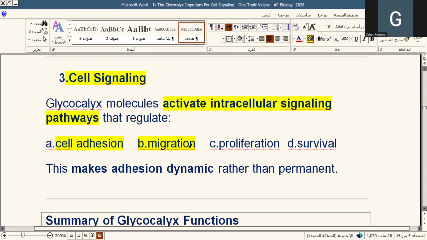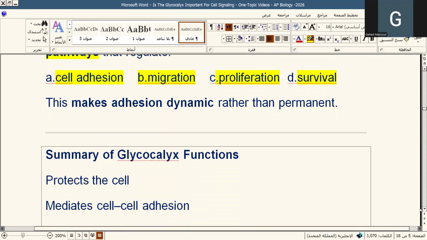Here, it's the opposite. This intracellular signaling pathway will result in detachment of the cell, diminishing adhesion and detachment of the cell to migrate to another place. Or it will result in a cellular response that is mitosis and proliferation, and that will also control the duration of the cell cycle and how many cell cycles are done by the cell.